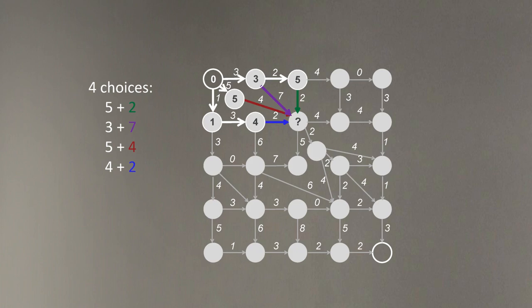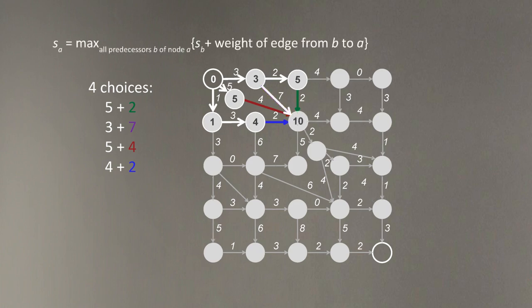In this case, we actually have four choices, and as before, we choose the variant which provides the longest path. In this case, this path is the optimal one, and we know that the optimal path from 0 to the shown node has length 10.